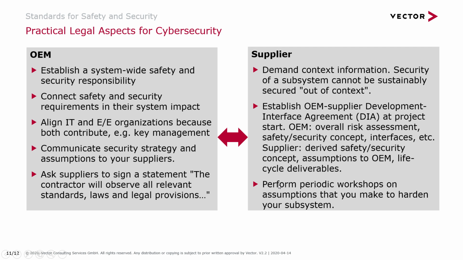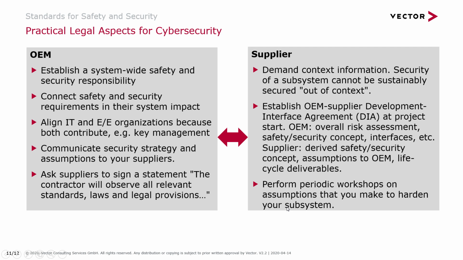This DIA was already proposed in the ISO 26262, but it makes a lot of sense also from a security perspective. Again, we do not recommend any sort of diversity between these two standards. Try as much as possible from a process perspective to balance both sides. And finally, perform periodic workshops between supplier and OEM to test assumptions.